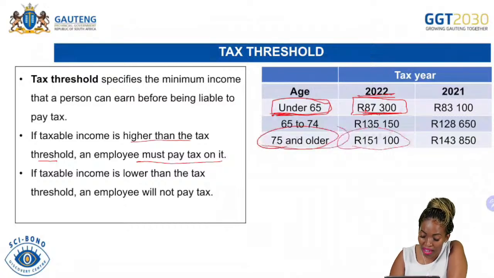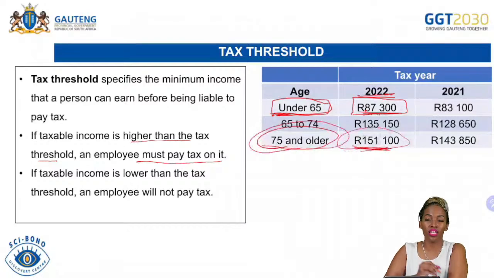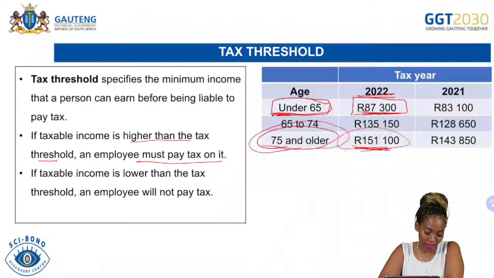But if you are 75 years and older and you are earning more than 151,100, then you should definitely start paying tax. That is what the tax threshold is all about.